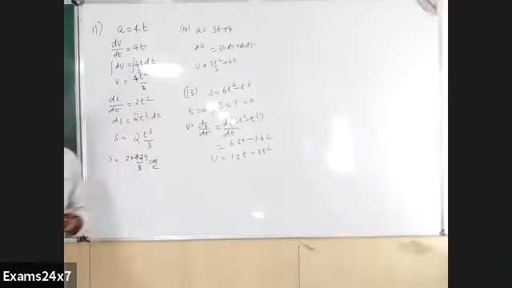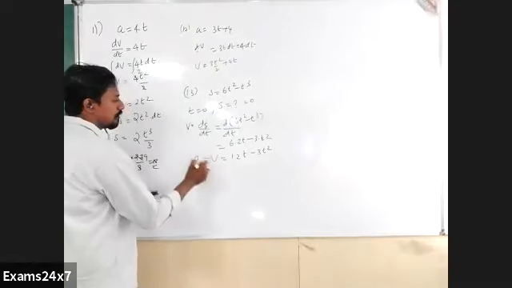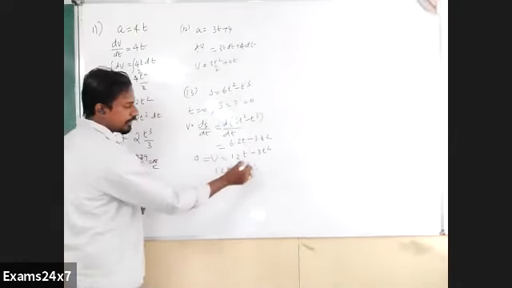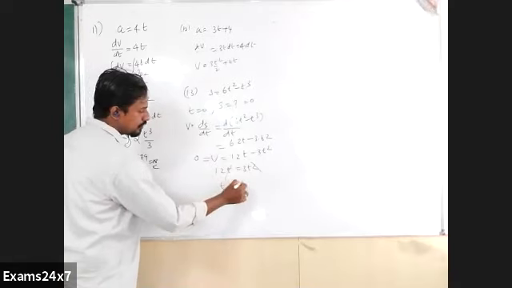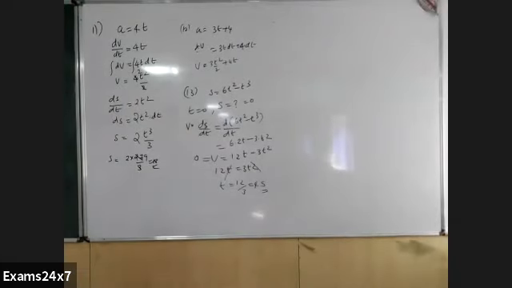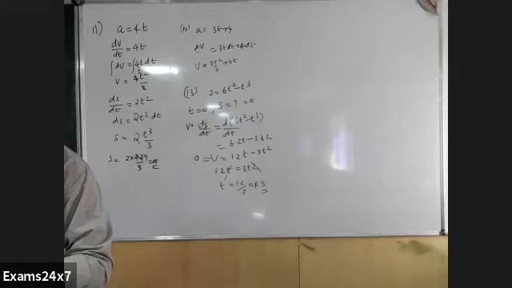Now I need to find at what time the velocity will be 0. Substitute this equal to 0. What will you get? 12t is equal to 3t square. One t cancels. t is equal to 12 by 3, 4 seconds. Clear? Okay. Next question.